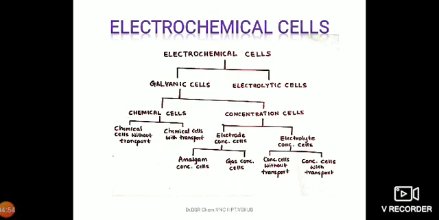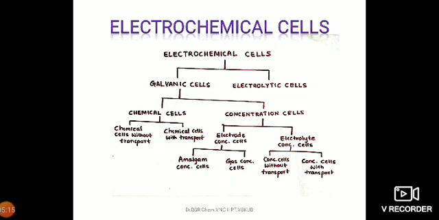Like that, if the electrode material is a gas, we are using gases for constructing electrodes also. Such cells are called gas electrode concentration cells, where anode and cathode have the same gas and the electrolytes are also the same, but the gas concentration will be different.